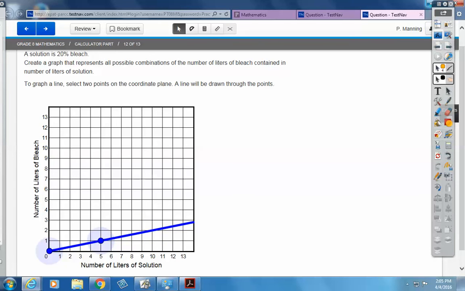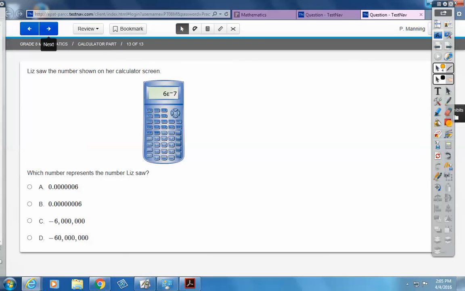All right, last problem. Oh, I love that calculator. The E-7, that's just a way of giving you scientific notation, right? So really, this is saying 6 times 10 to the -7. Well, how do I convert this into standard notation? I know it's going to be less than 1, but greater than 0. This is a positive number.